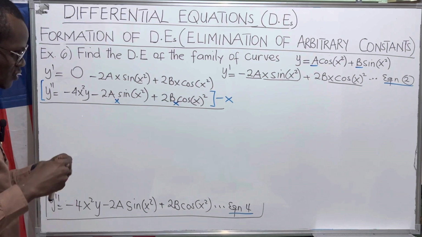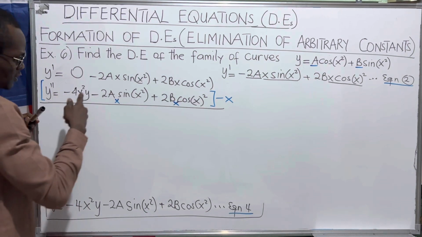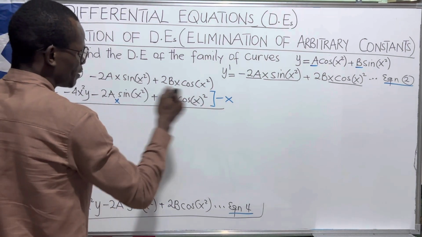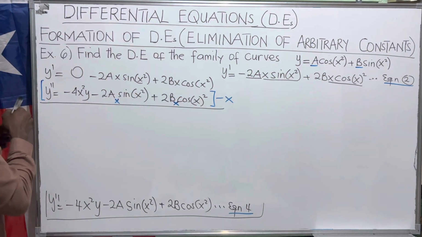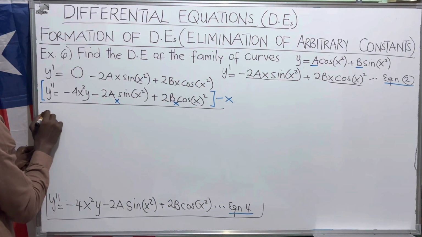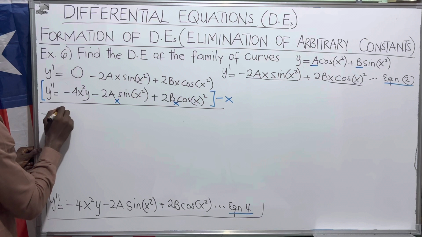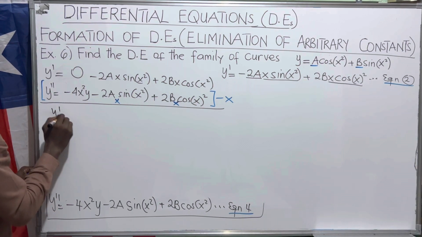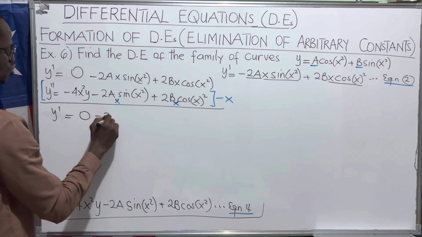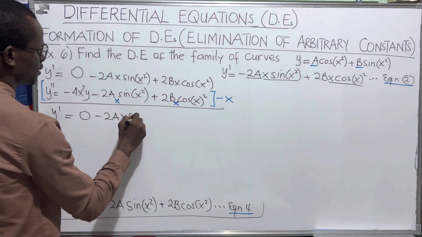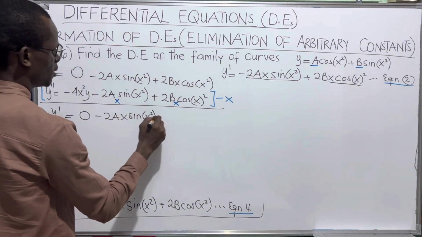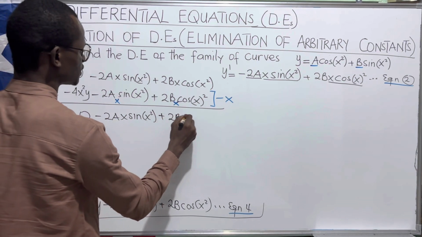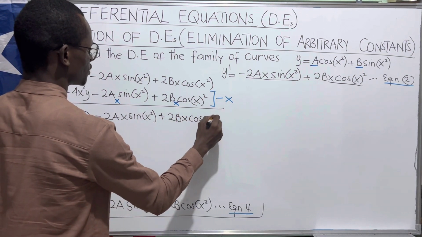We must multiply this minus x by every term, so it will be minus x y prime prime. Let's write the first equation: y prime equals 0 minus 2ax sine of x squared plus 2bx cos of x squared.